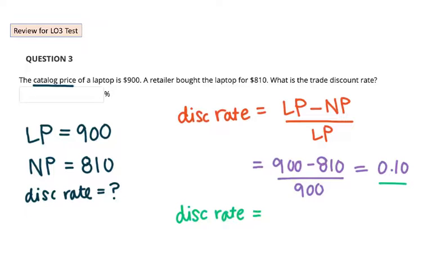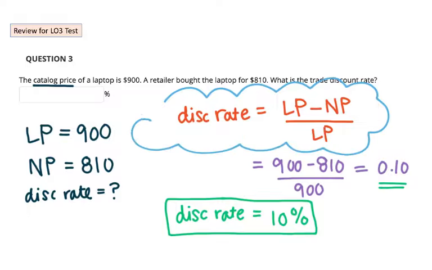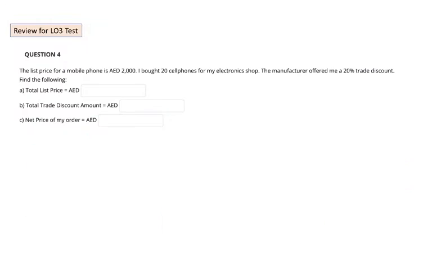So when we calculated it, we got 0.10, which if you were going to write that as a percentage, you move the decimal 2 places and you get 10%. So it must have been the case that the factory took a 10% discount when they sold it to the retail shop. So again, before we move on, this is a formula you should memorize. It's not going to be on the formula sheet.